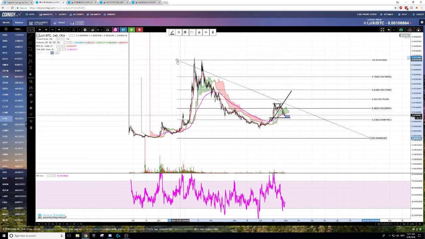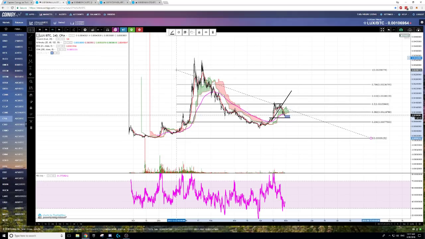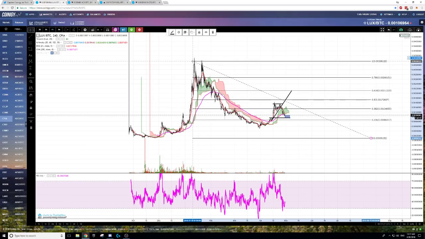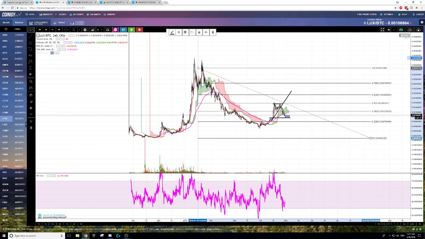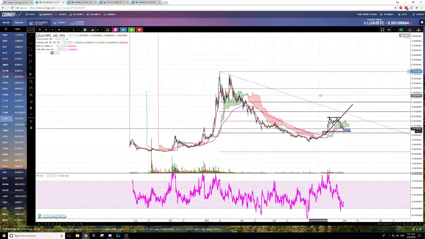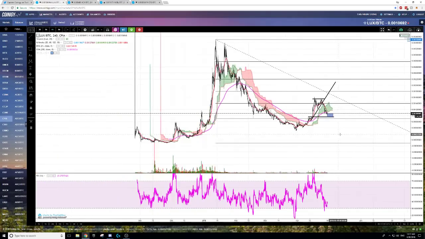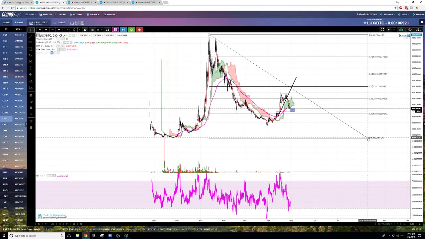You have to move it around and see what works with the price history, see where the supports and resistances line up, and if you can futz with it a little to get it to line up nicely with the clear supports and resistances, then that's generally a good plan.